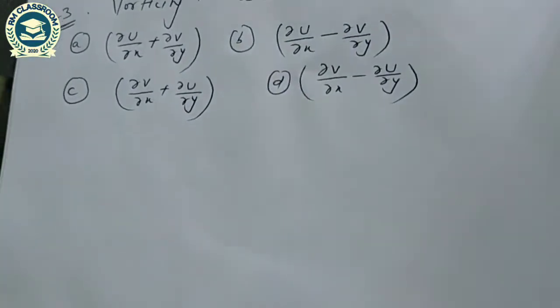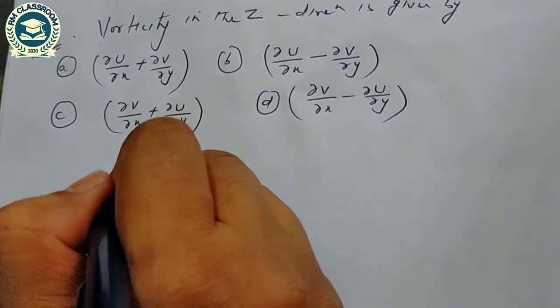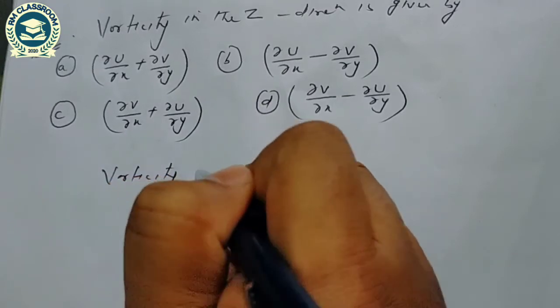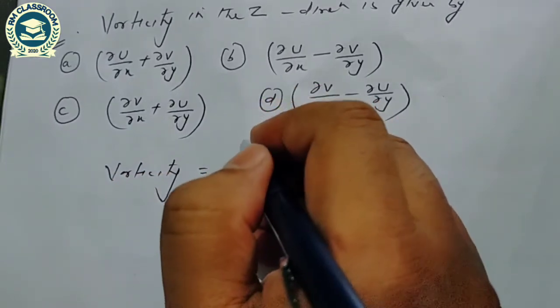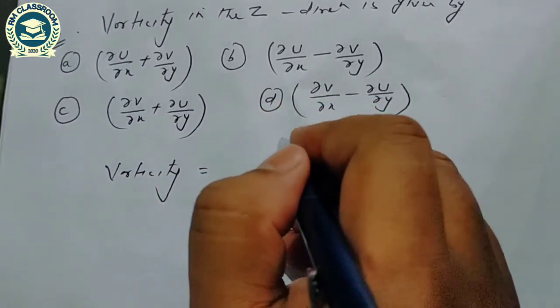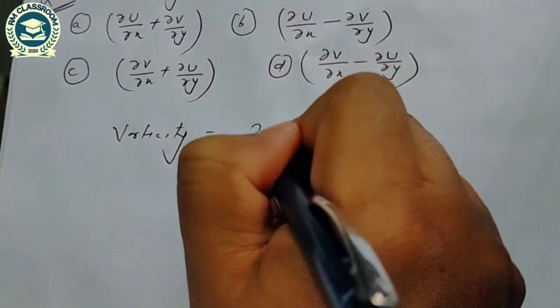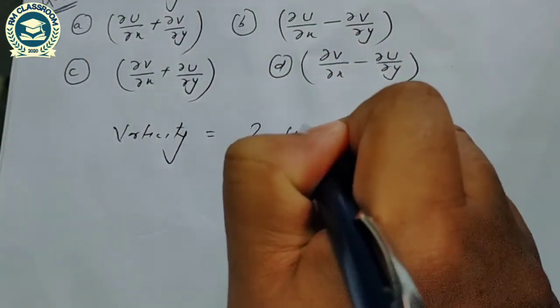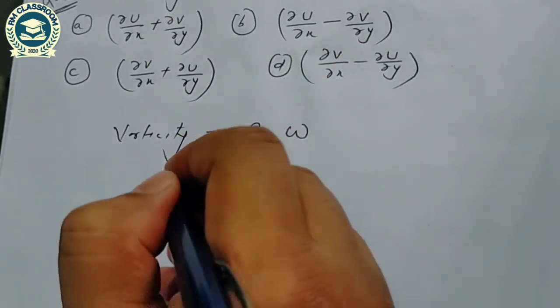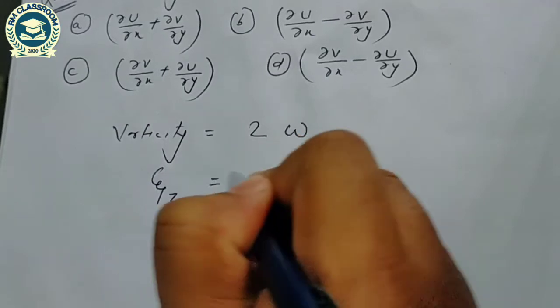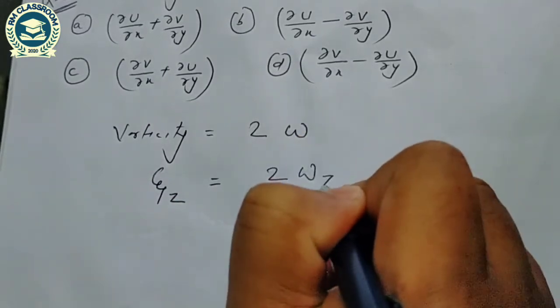So today we have seen the vorticity. Vorticity is equal to 2 times rotation. We have to compute the vorticity in z direction, meaning vorticity in z direction is equal to 2 times rotation in z direction.